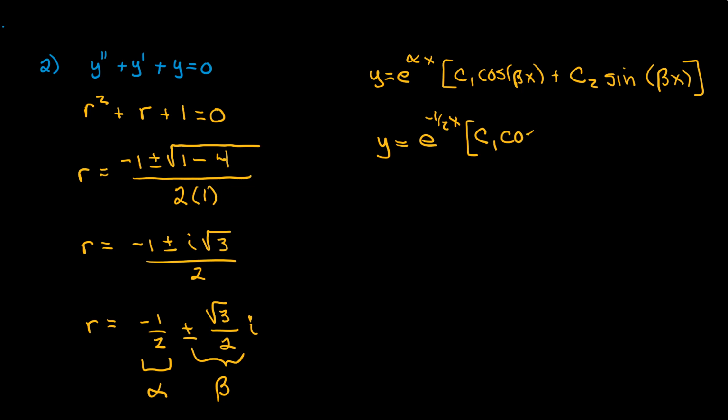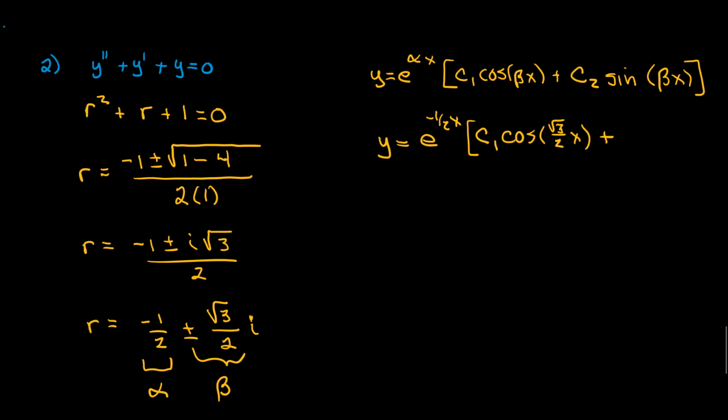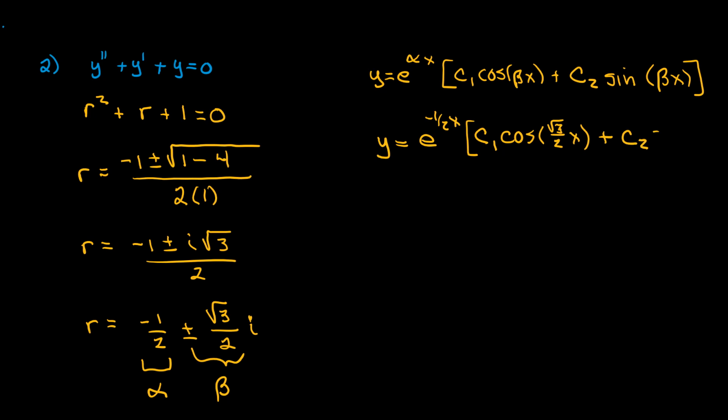Times the cosine of beta, well, that's going to be the square root of 3 over 2 x, plus c2 times the sine of beta, which is going to be the square root of 3 over 2 x. And we'll slide that bracket in.